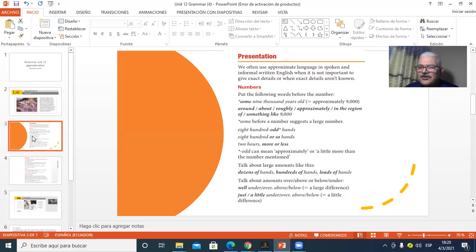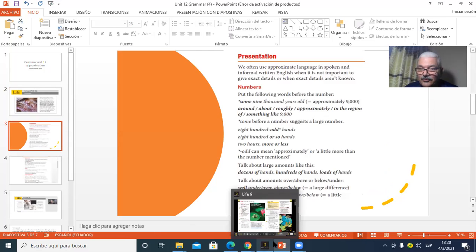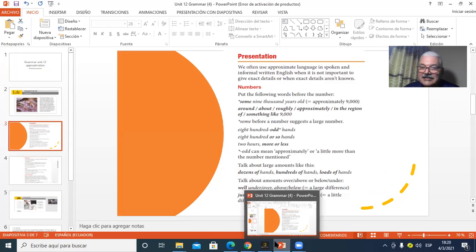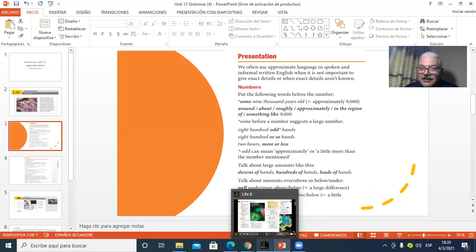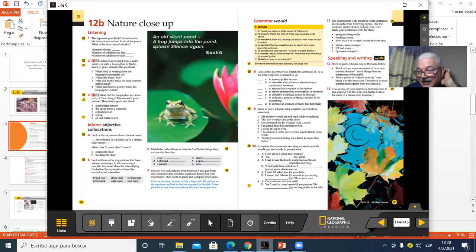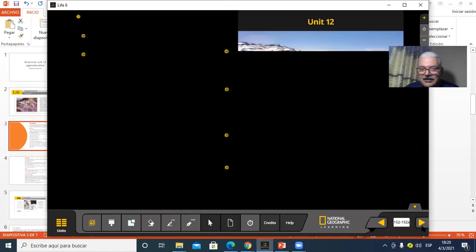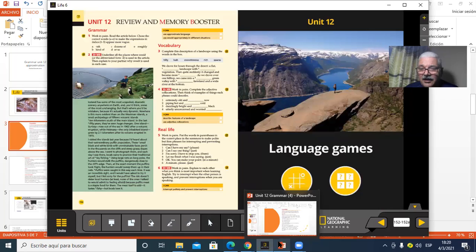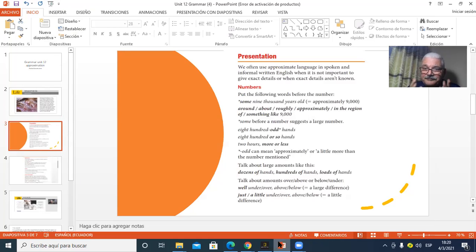Okay, so we use approximate language in spoken and informal written English. That's true. Okay, when it is not important to give the exact details of these, let's say, number, okay?